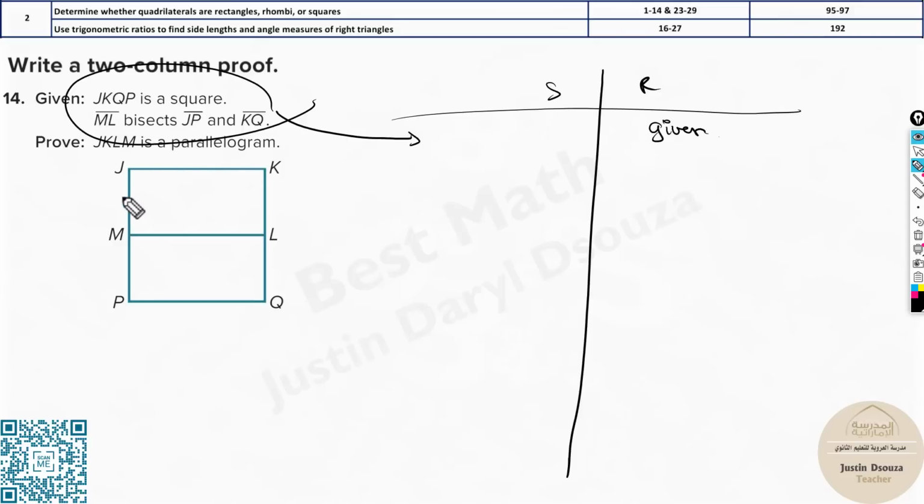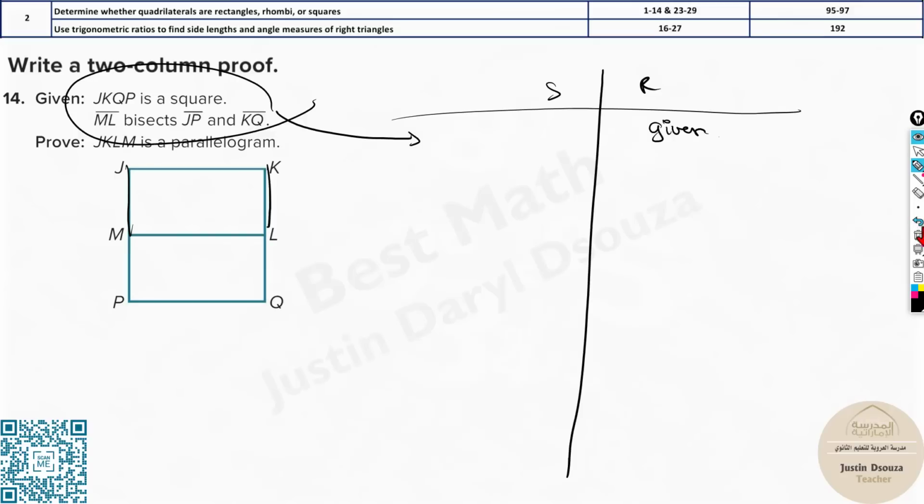In this case, this is already parallel to each other. Why? Because we know it's a square. Now we have to just prove this to be congruent to each other. Why? Because yes, this is a square, but for the midline bisection, we don't have much information about the middle lines. They have told us ML is bisecting, so I can easily find these both and prove this. So I'll just focus on the sides.